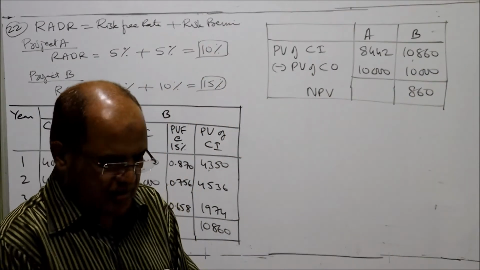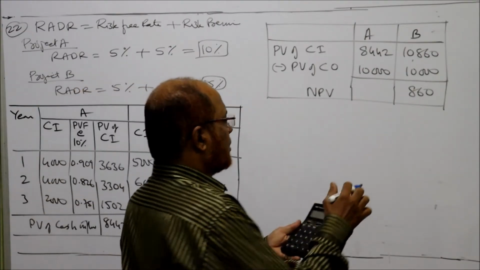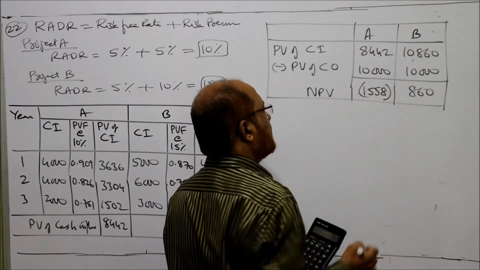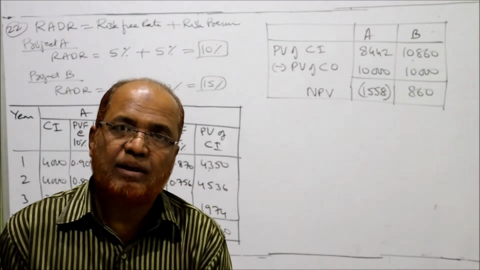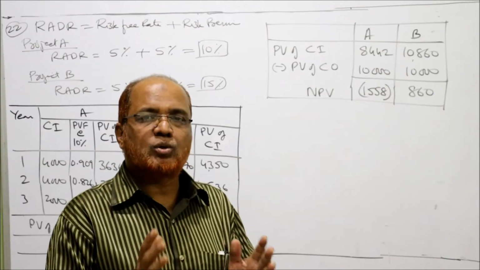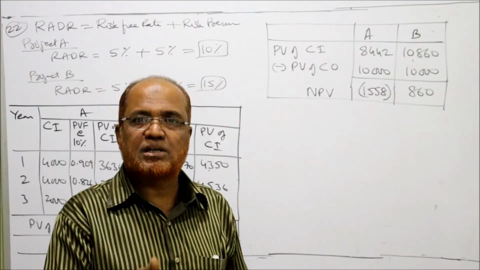Here 10,000 minus 8442 is equal to 1,558 negative. So A project has negative NPV and B project has positive NPV. So it is suggested to the management to select project B since it gives a positive NPV.